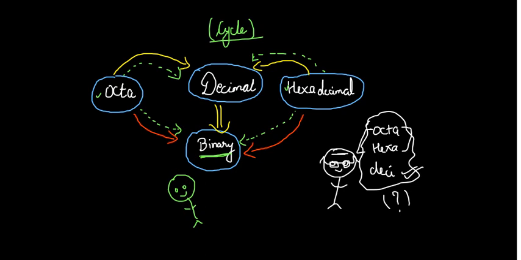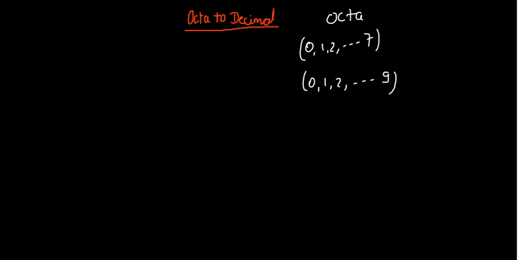Okay, so without wasting any time, let's start with octa to decimal. How do we convert the octa number system into the decimal number system? As we know, the octa number system has 0, 1, 2 up to 7, similar to the decimal number system which has 0, 1, 2 up to 9. This is the only difference.